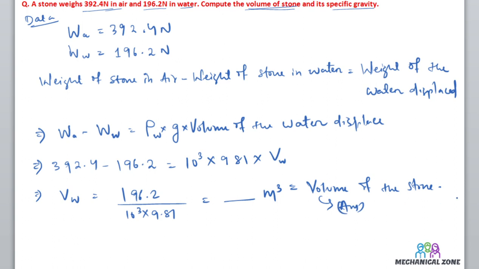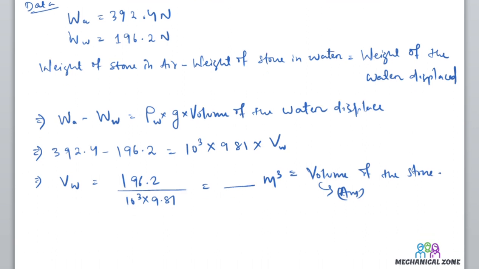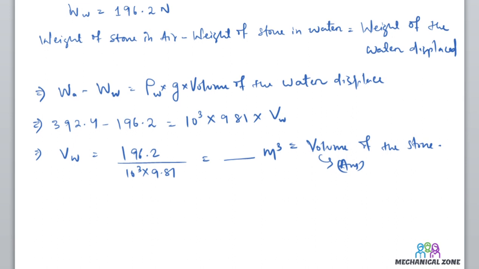We need to calculate the specific gravity of the stone, and in order to calculate the specific gravity of the stone, as we are comparing this with the liquid, we will consider the liquid as water. So we need to calculate the mass of the stone.